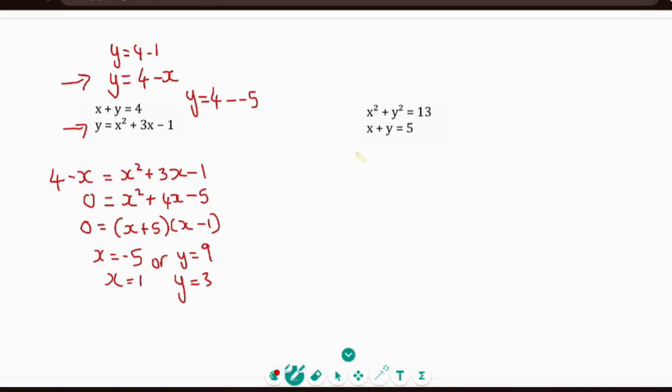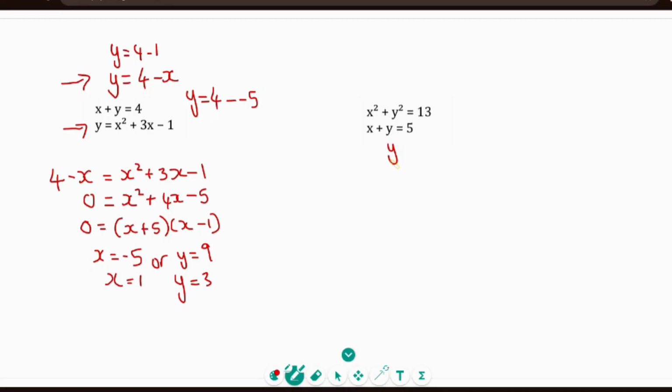Okay, let's look at the second one. Slightly different again, because of this top equation. So we're not going to make y the subject here, because if we did that, we'd have a really complicated equation, which would be too difficult to work with. So let's just do something else here.